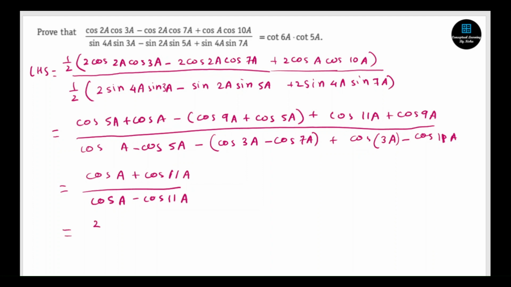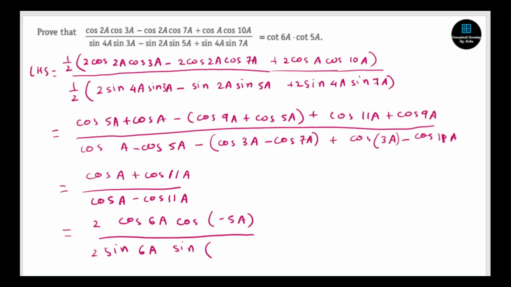So I can say 2 cos, 11 plus 1, so 12, 12 upon 2, I'll get 6a, and then cos 6a and sin 5a. So when I write this as cot 6a into cot 5a, which is RHS, and we proved it, right?